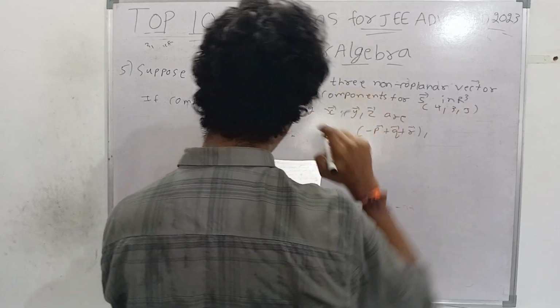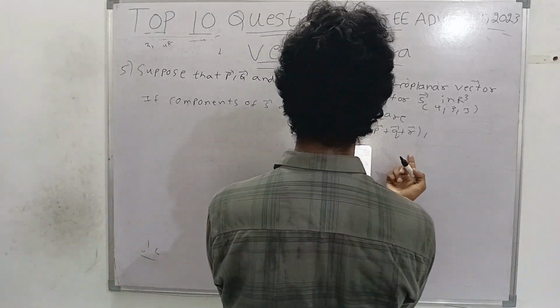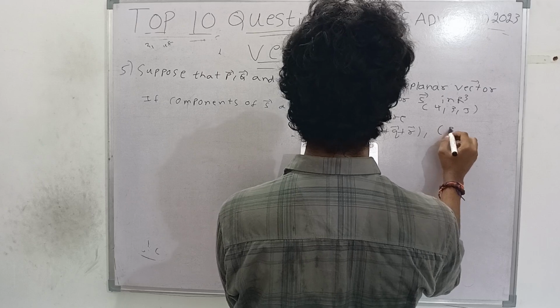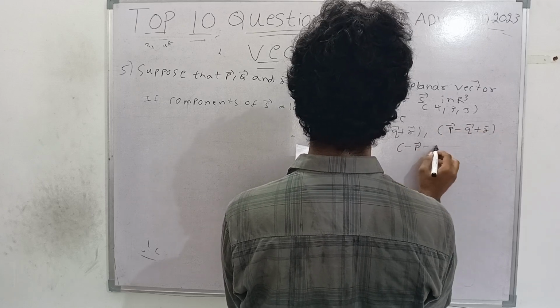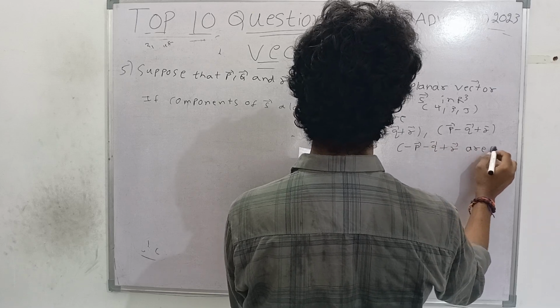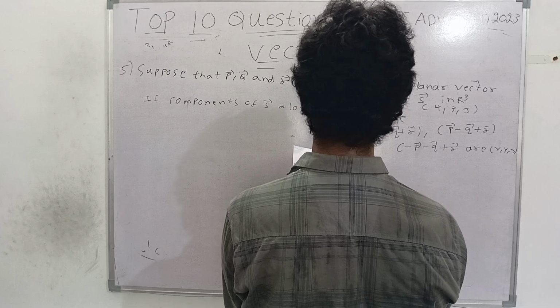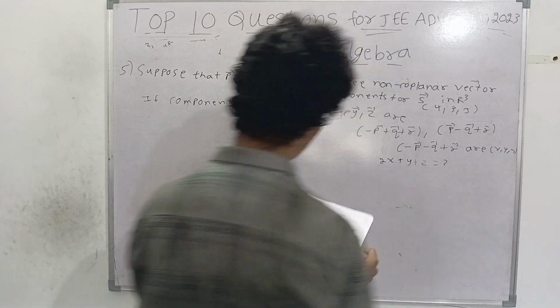These are the components along x, y, z: minus p plus q plus r, and p minus q plus r, and minus p minus q plus r. These are x, y, z components. They are asking 2x plus y plus z equal to how much?